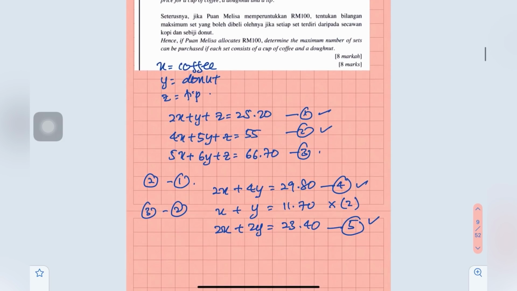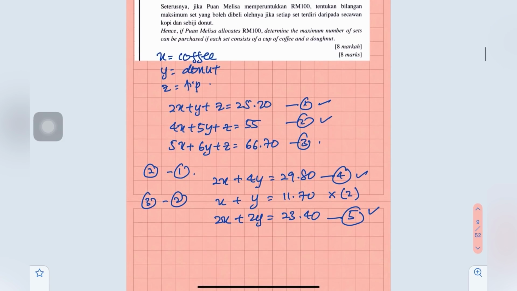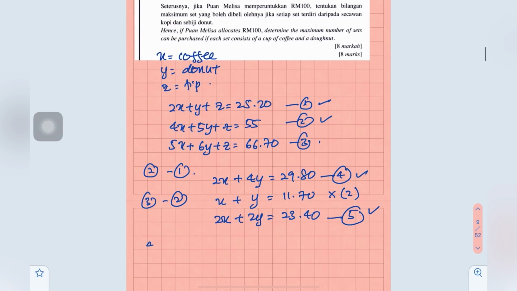So kita nak eliminate x. Okay, so let's say 4 minus 5. 2x tolak 2x habis. 4y tolak 2y is 2y. So 29.8 minus 23.40 akan dapat RM6.40. So dapatlah y nanti RM3.20.